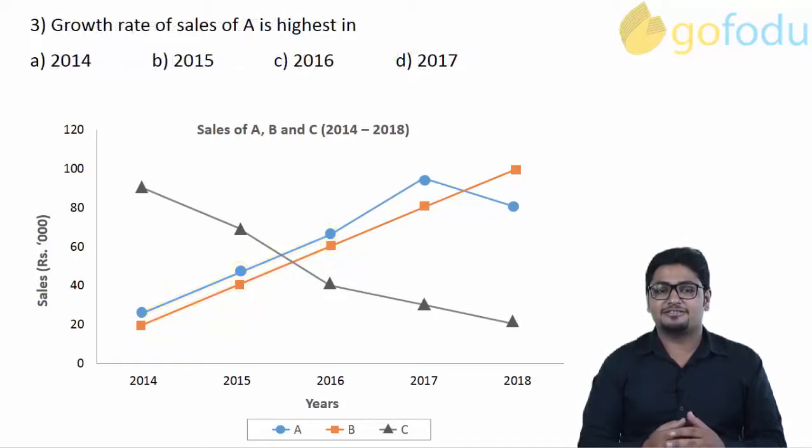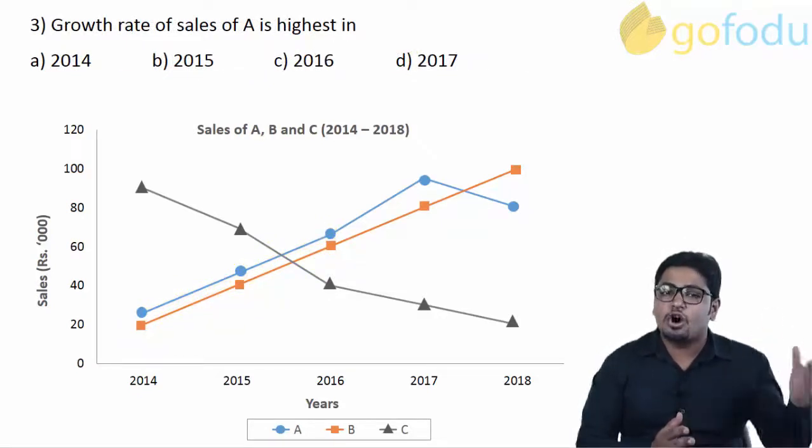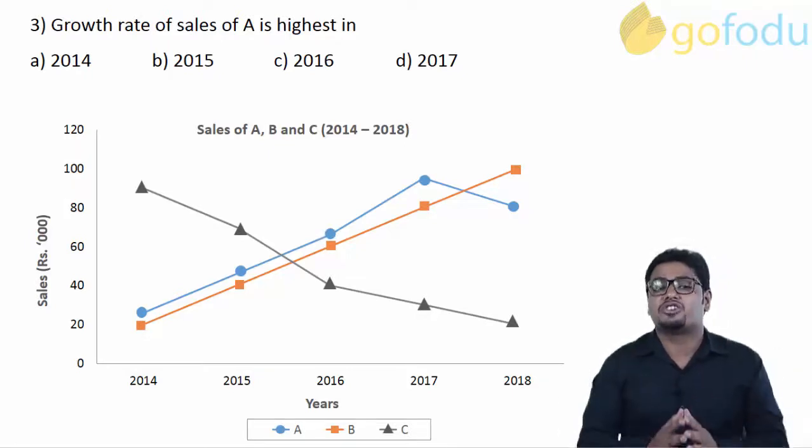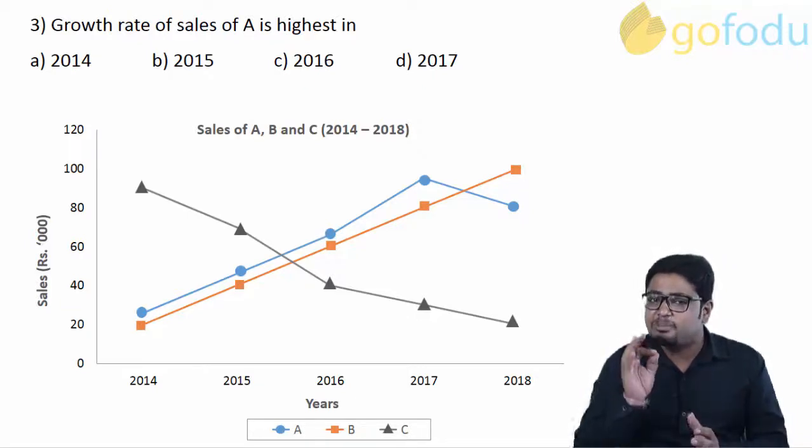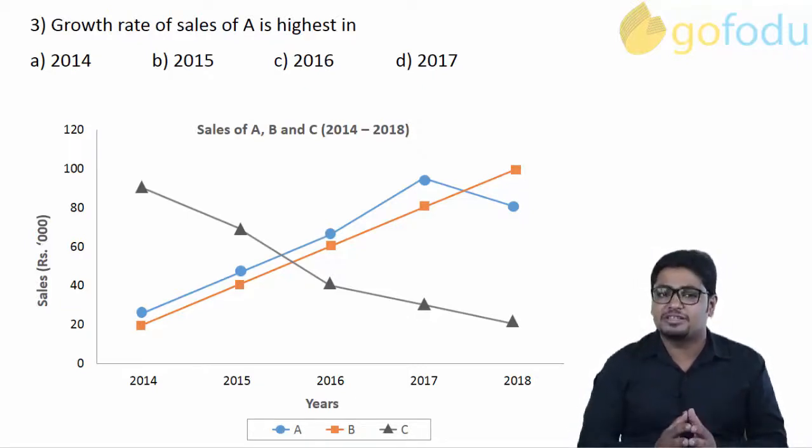Next, the growth rate of sales of A is highest in which year? Now here, instead of directly jumping to look for growth rates of all the years, it's better that we eliminate a few options and then look for it.